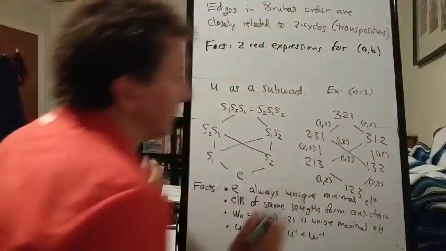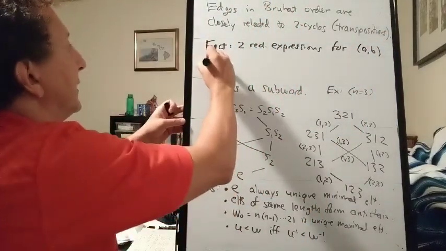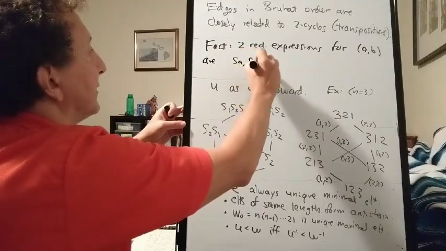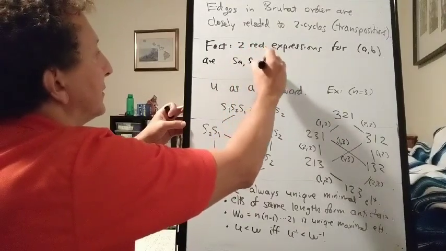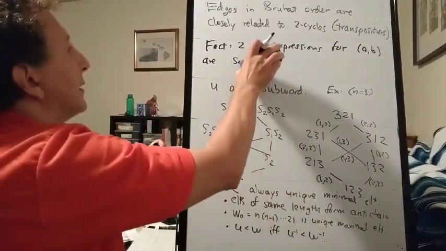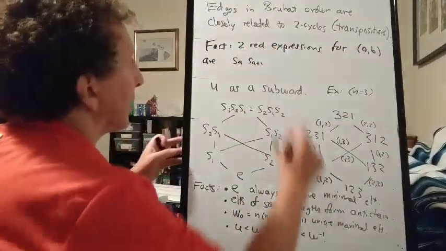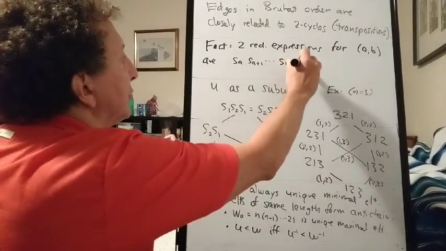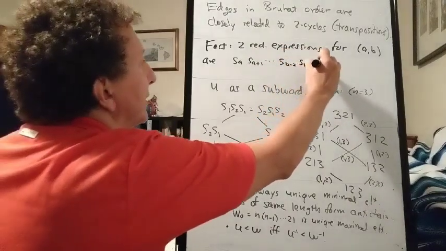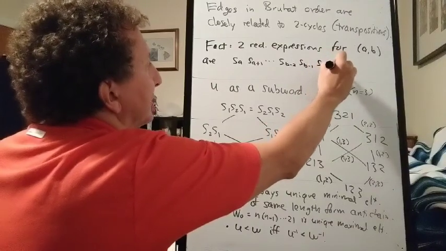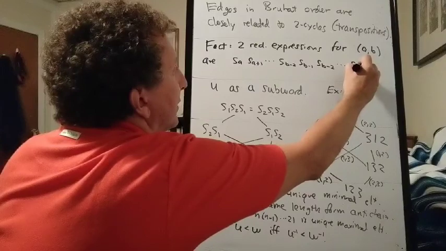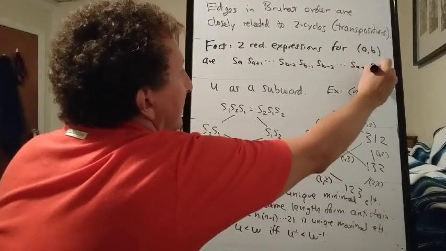A, B, for some indices A and B, are SA, SA plus 1, ... SB minus 2, SB minus 1, SB minus 2, down to SA plus 1, SA.